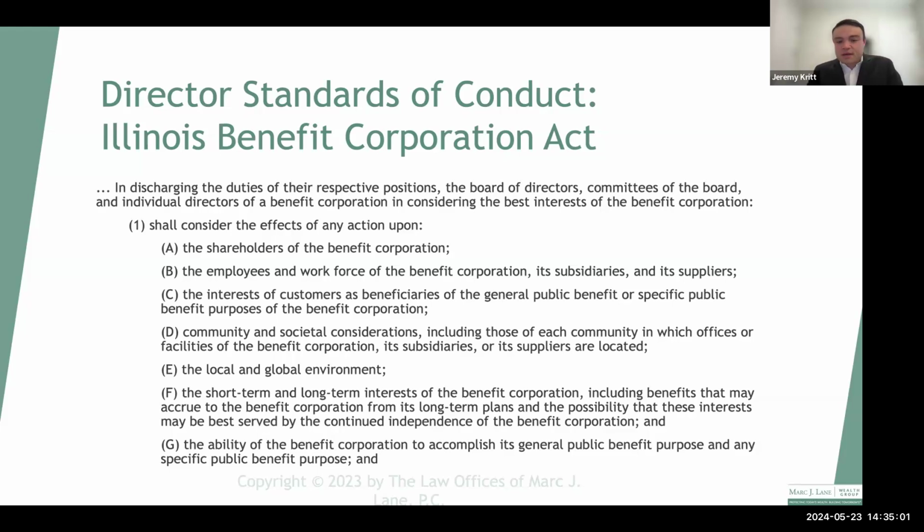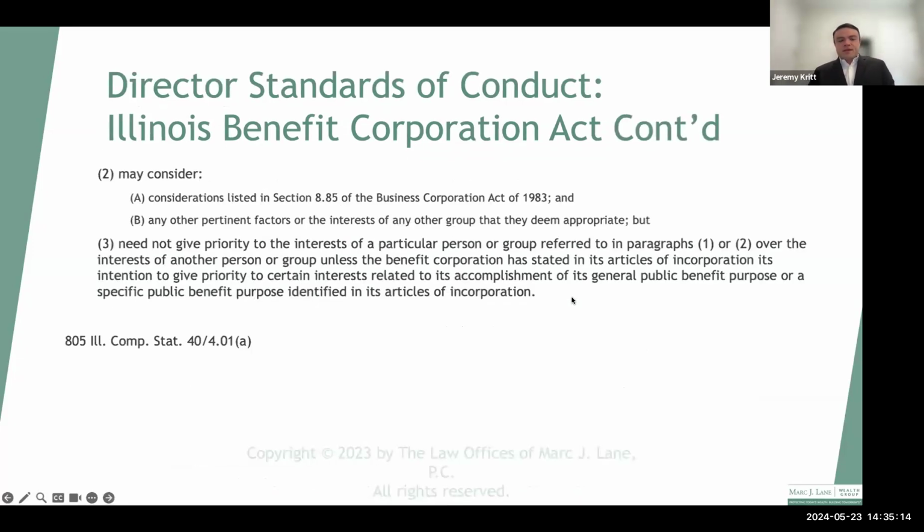And then the last one there, more of a general consideration, the ability of the benefit corporation to accomplish its general and specific public benefit purposes. So directors may also consider the considerations listed in Illinois' constituency statute, and any other pertinent factors or interests that they deem appropriate.